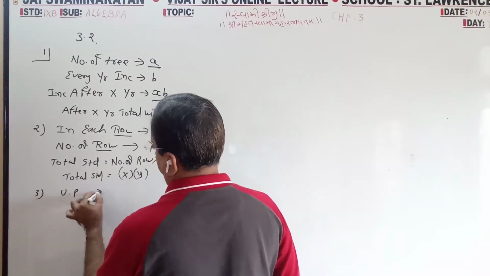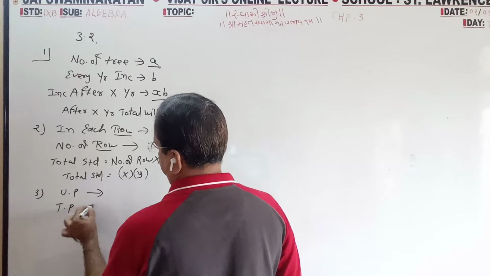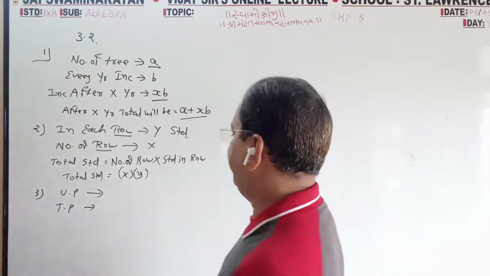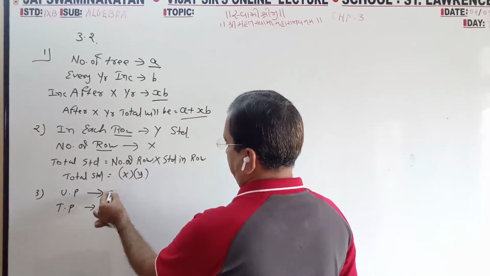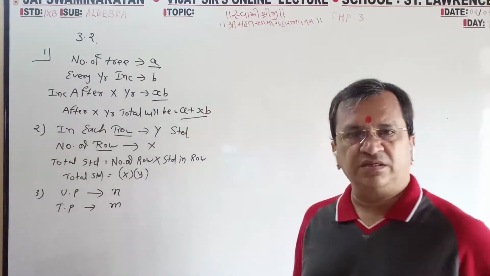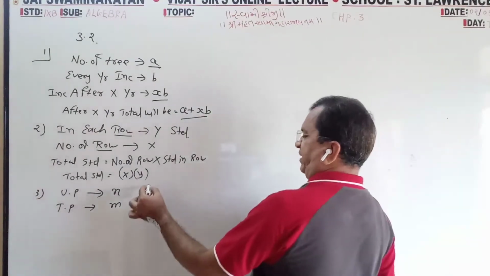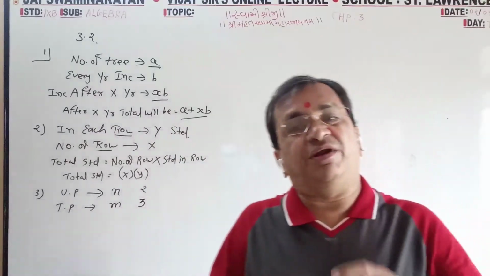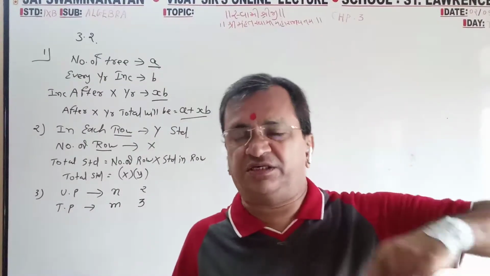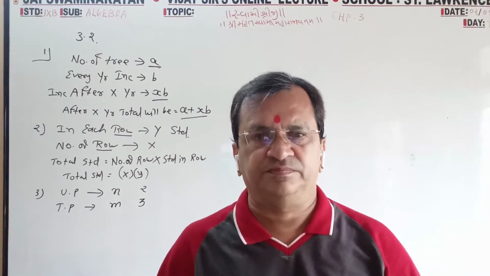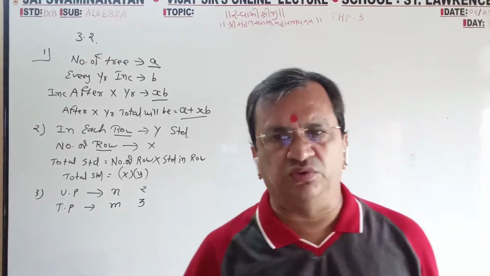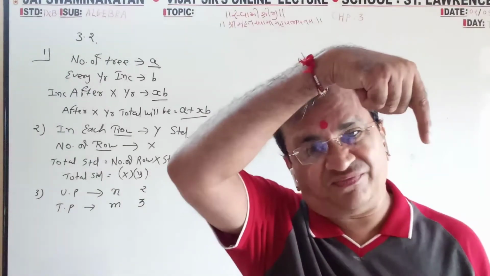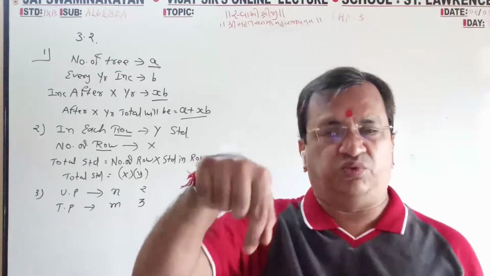Unit place, 10th place, mn. This is m, this is n. Suppose unit place is 2 and 10th place is 3. So it will be 23 or 32, tell me. Unit place 2. No, 10th place comes first, no. 10th place, then unit place. 3, 2.